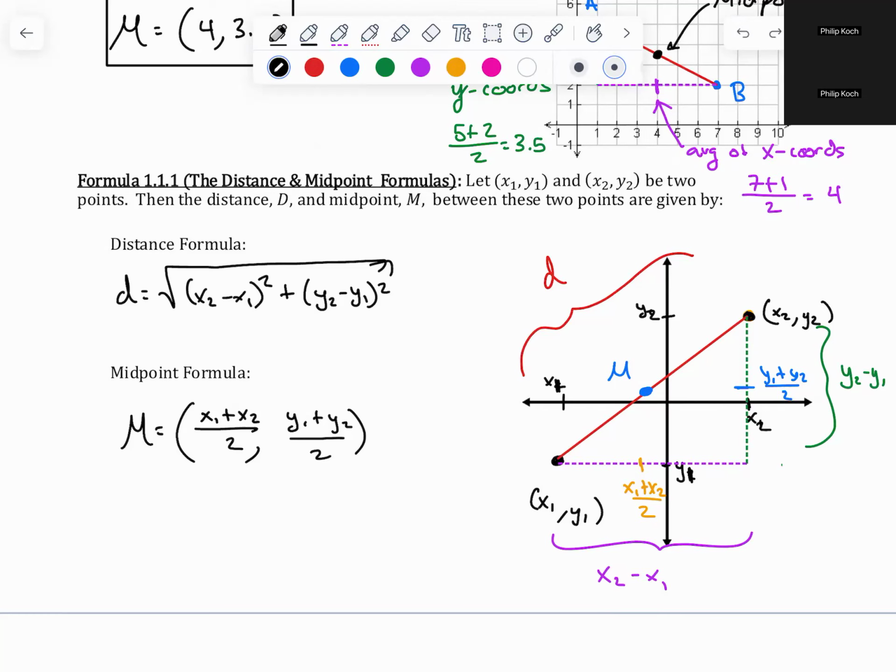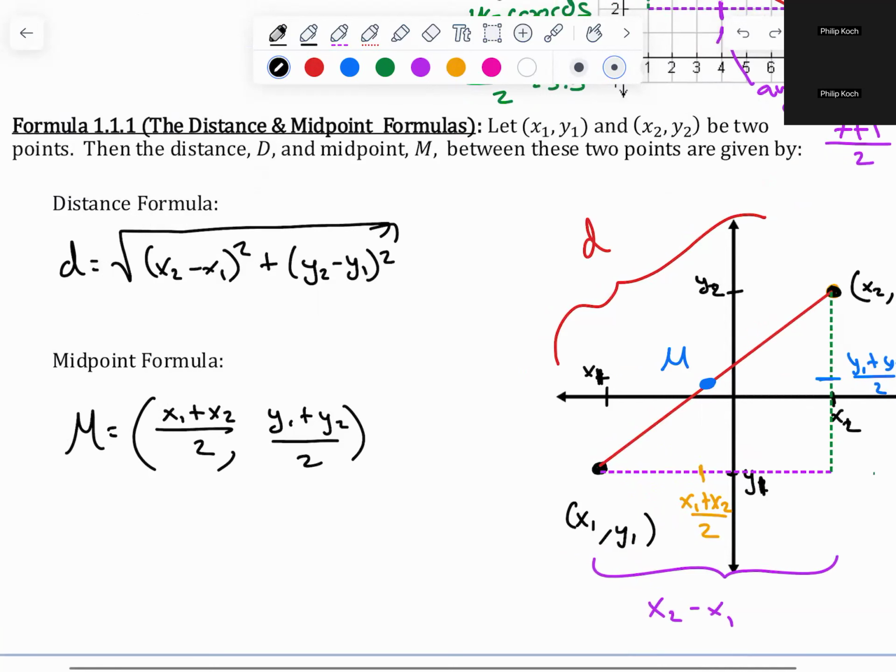Those are the formulas. In all their glory. Beautiful formulas.